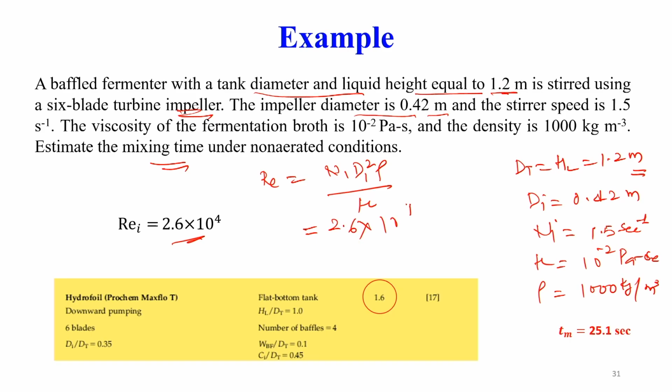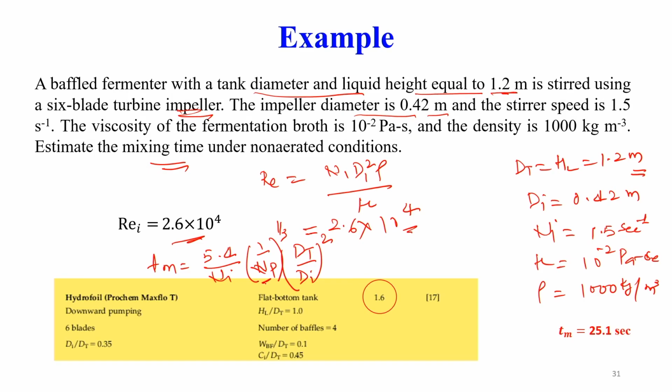It means this is a turbulent flow, and for turbulent flow we can calculate the mixing time as 5.4 divided by Ni into 1 upon Np, the power number, to the power 1 by 3, dt upon di to the power 2.